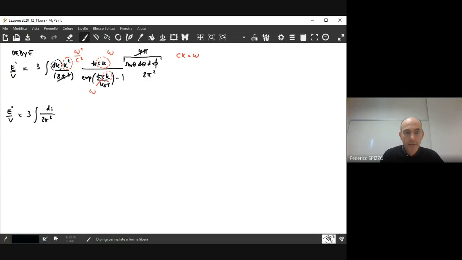In place of dk, I have d omega. I have one c factor due to the change of variables, so I have 1 over c due to that. Then I have omega squared divided by c squared coming from this k squared factor. Then I have another ħ omega here, and then I have the exponential here below.